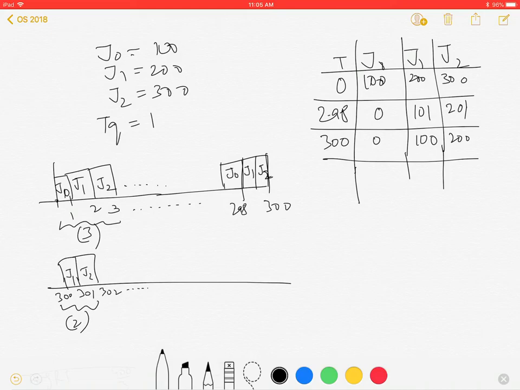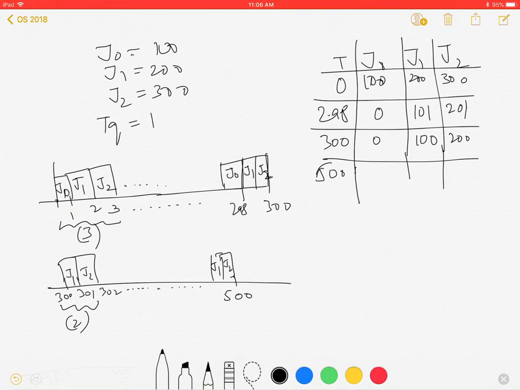And this will continue till the time J1, which has the shorter number of units to consume, is finished. So this will get completed 200 more units from here. So at time 500, we'll have J2, and before that we'll have J1.